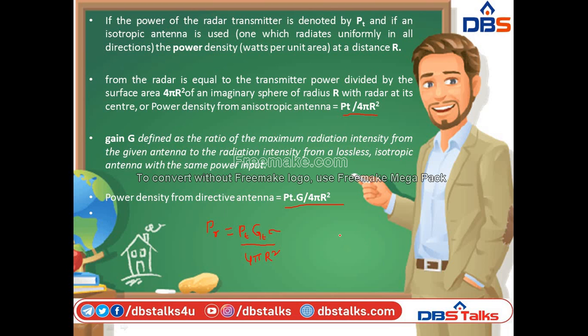That means we can calculate P complement. P complement equals capital P by 4 pi r square. So we need to substitute this value here. That means P in sense PR. Therefore PR equals, we need to find that.